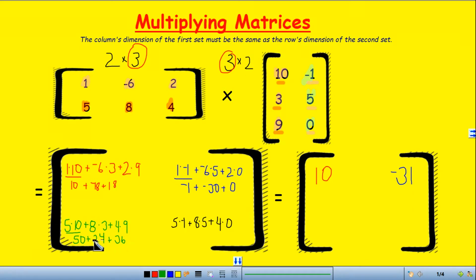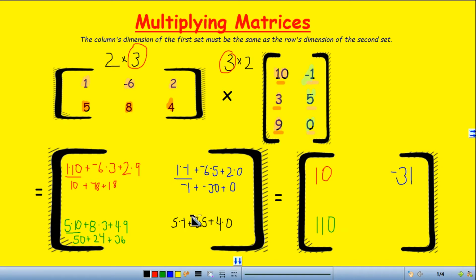So we're going to take 50 plus 24, and that's going to give us 74. And 74 plus 36 is going to give us 110. So we will put that as our answer.